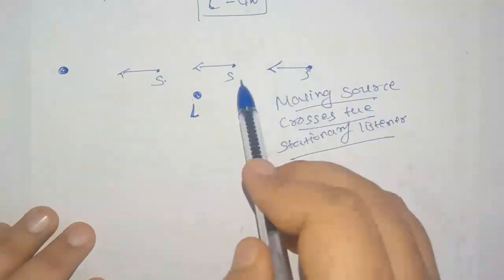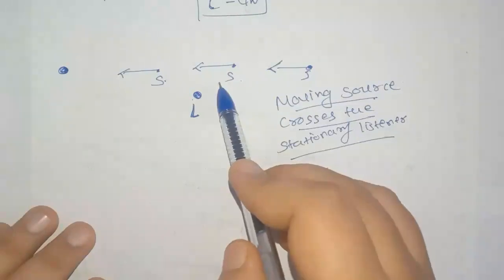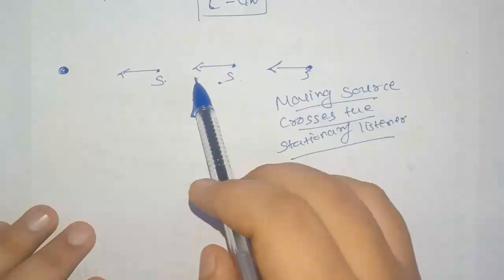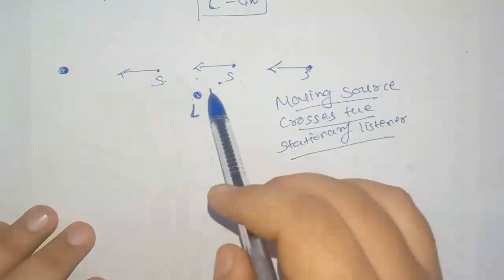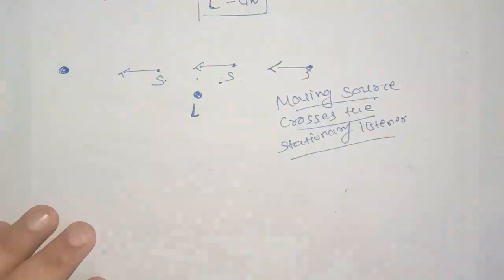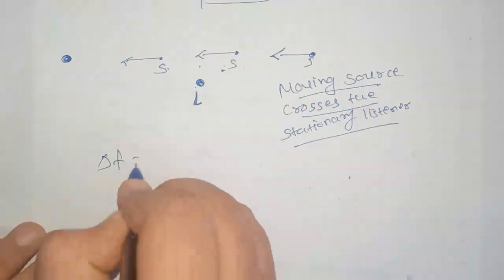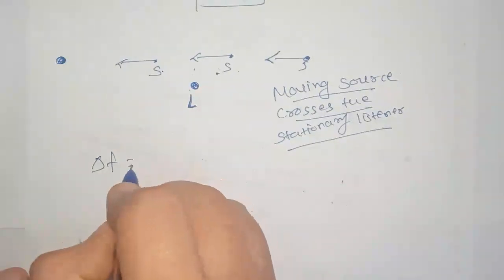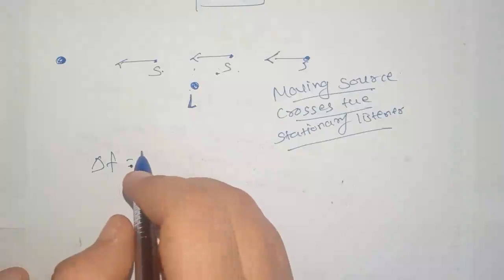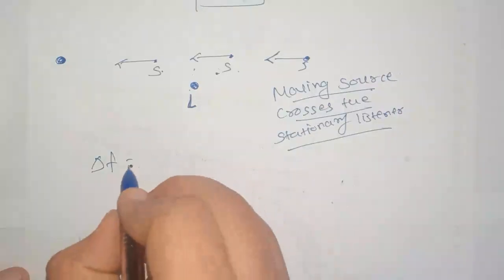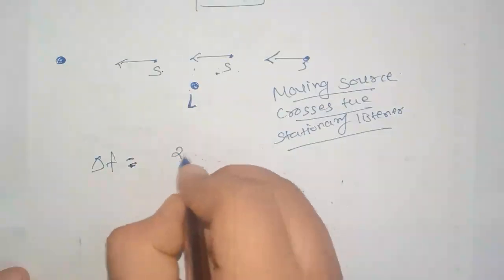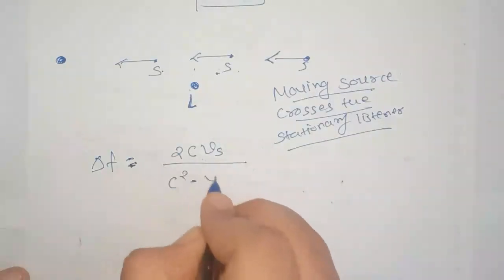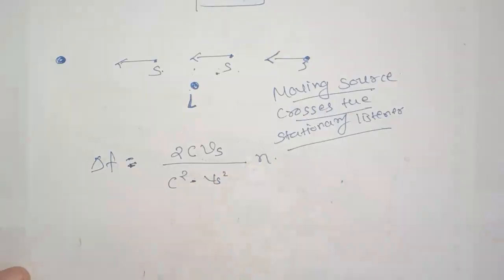Initially, the source was approaching, so frequency heard will be more. Now, as the distance is increasing, the frequency heard will be less. So the frequency change, the delta F, is given by 2c into velocity of source divided by c square minus vs square into n.